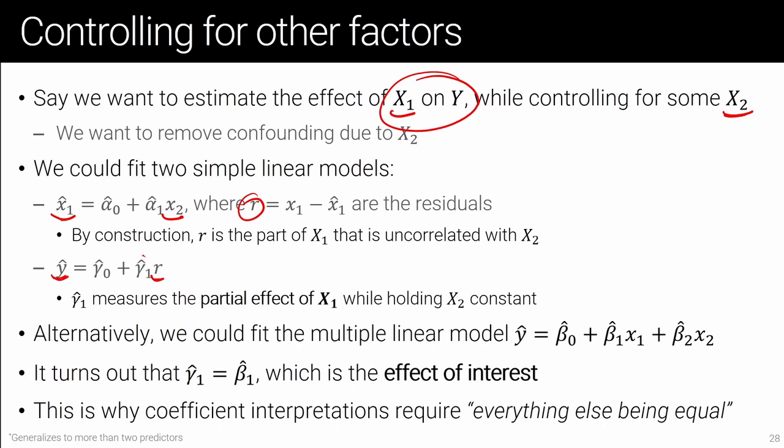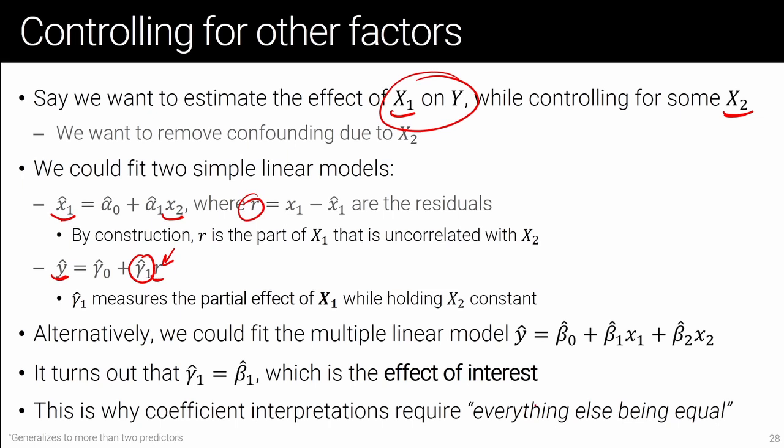And so this first coefficient, gamma 1, would measure precisely the partial effect of x1 while holding x2 constant, because we precisely took out the correlation between x1 and x2 here in this residual. And so gamma 1 is precisely measuring what we want, the partial effect of x1 holding x2 equal.